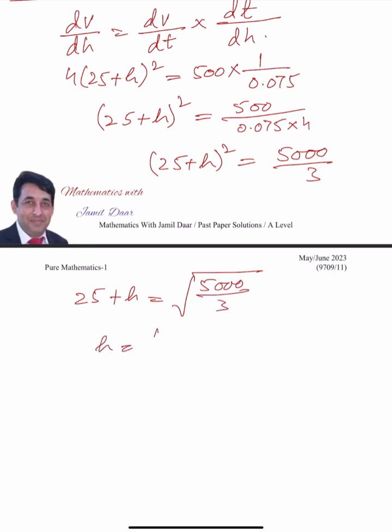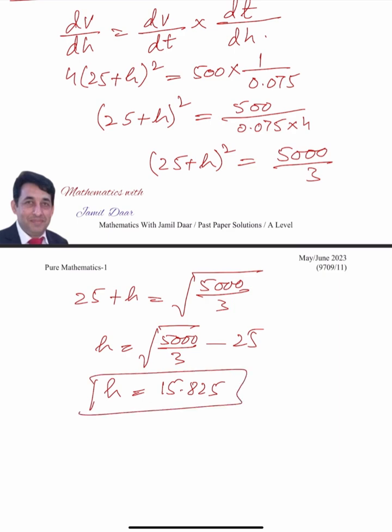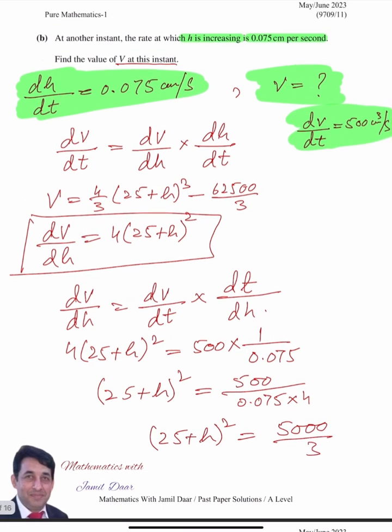So h is equal to the square root of 5,000 over 3 minus 25, and h is equal to 15.825. So we have found the h when dh over dt was this one.